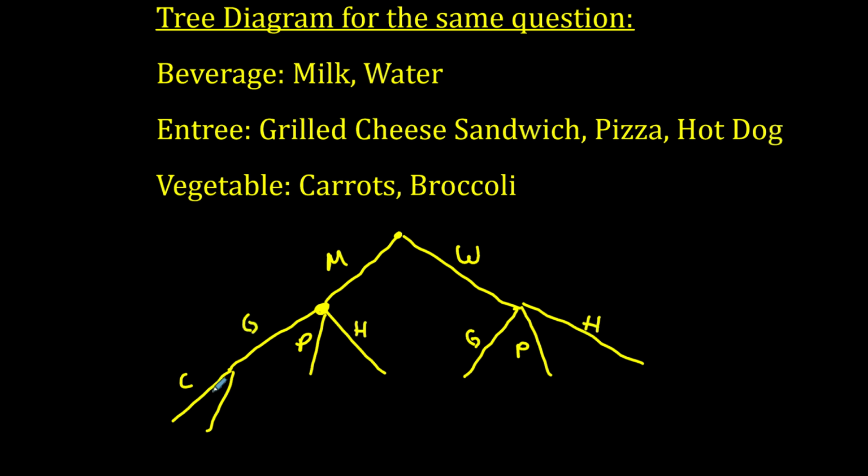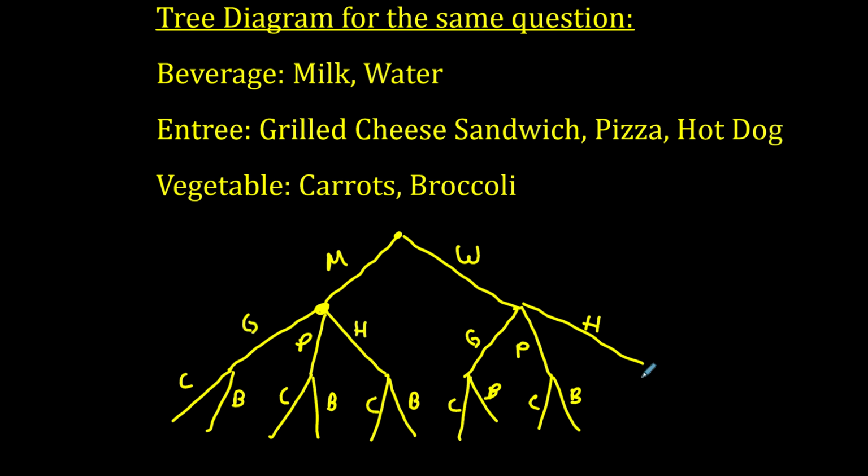So I have carrot, broccoli, and the same carrot, broccoli under each entree, including the last one. So the way we look at this tree diagram is this little blue leaf here.